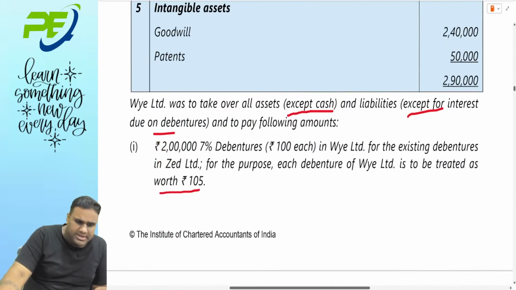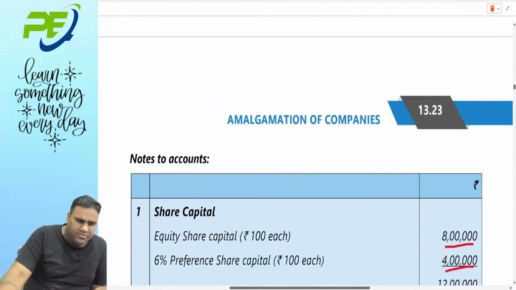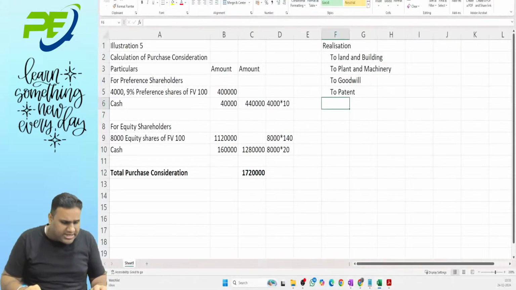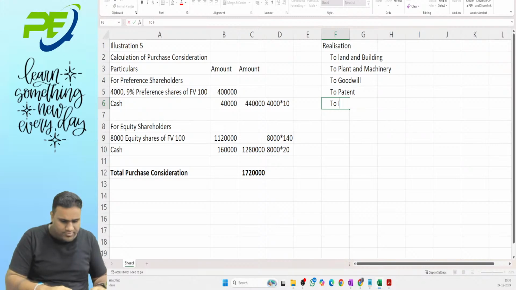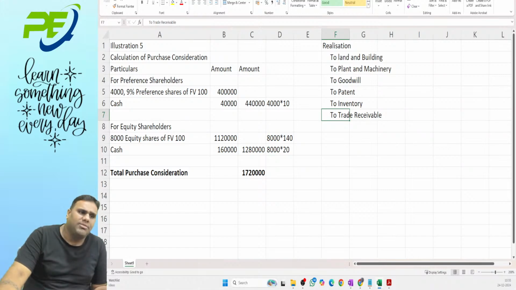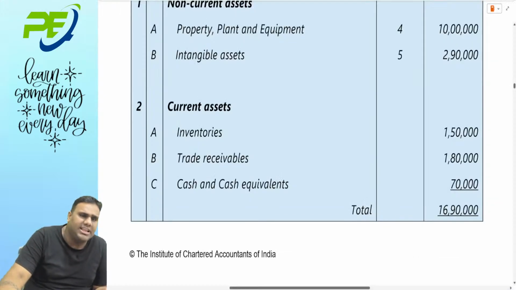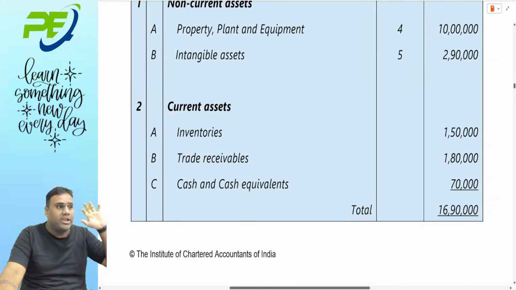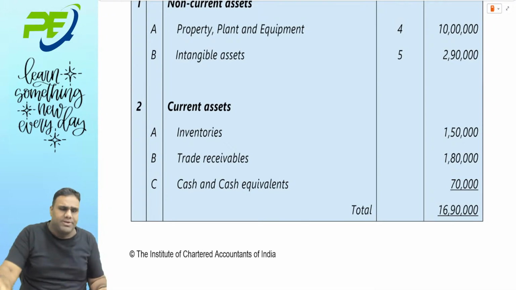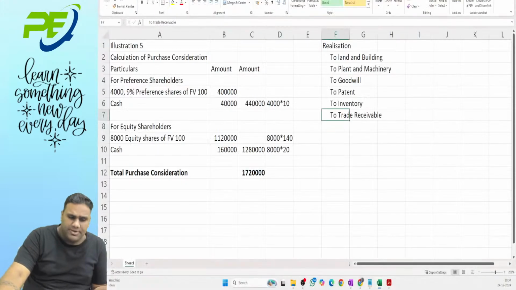Then we have a few current assets, inventory, trade receivable. Should I take cash? Except cash. It is made very clear that cash is not taken over. So cash will remain in the books of the selling company.